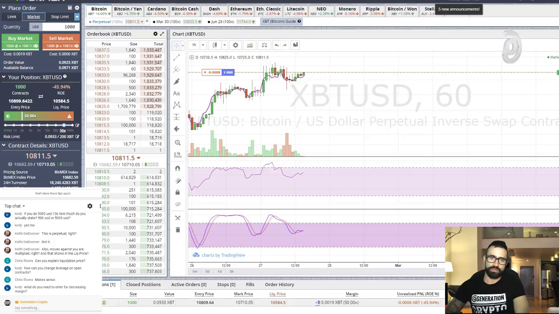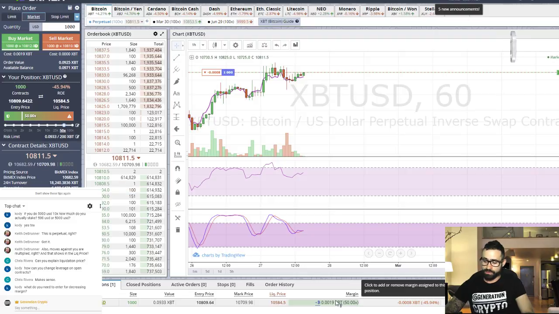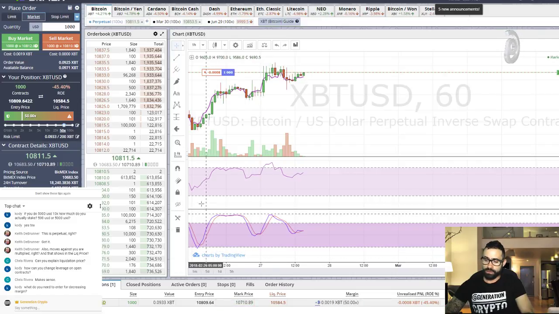So if I entered at 25x, if I put $1,000 in at 25x, and I move it up to 50x, whatever equity one used to open this position, if I use $500 or $1,000 to open this position at 25x, and I bump my leverage up to 50x, that would put my XBT back up here.